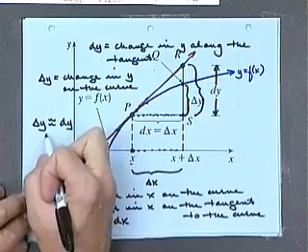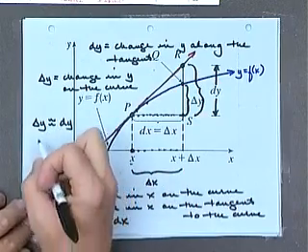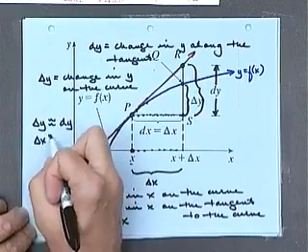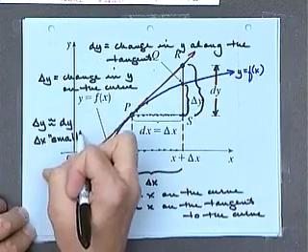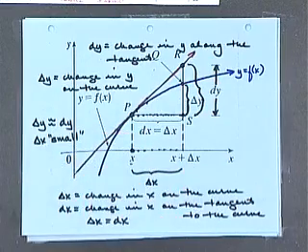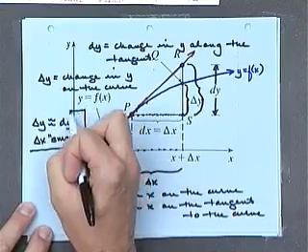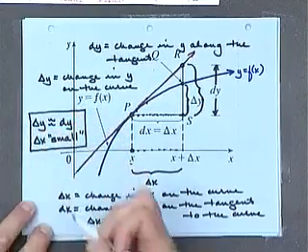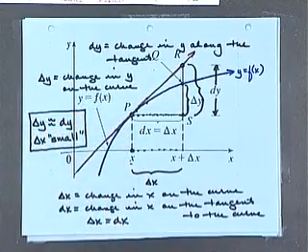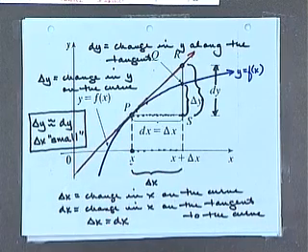So for these two to be approximately equal to each other, we want delta x to be small. So we're going to search for delta y, the exact change in y along the curve itself, but we're going to find it, and you'll see how easy it is to find using dy, the change in y along the tangent to the curve. And it's going to be a pretty darn good approximation as long as delta x is reasonably small.